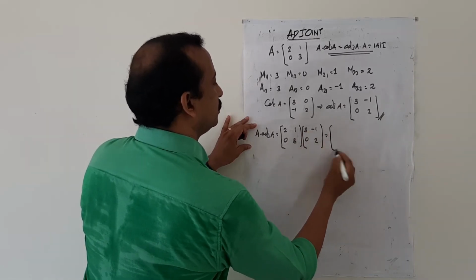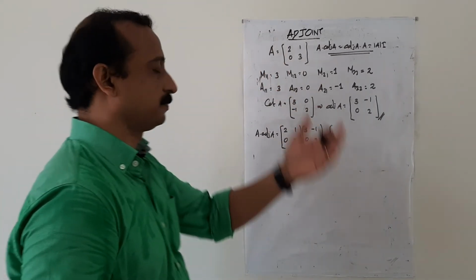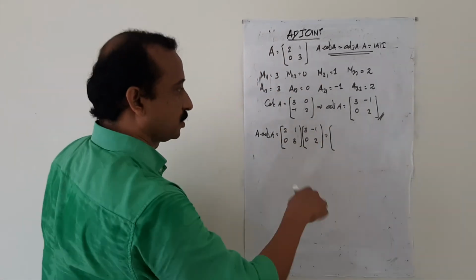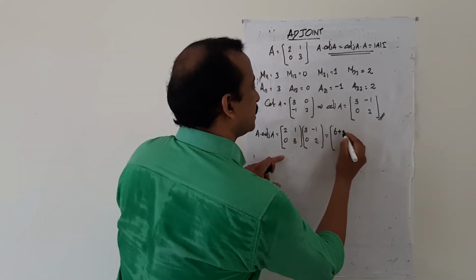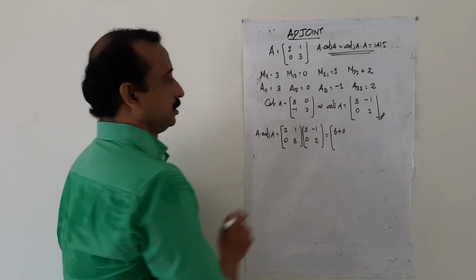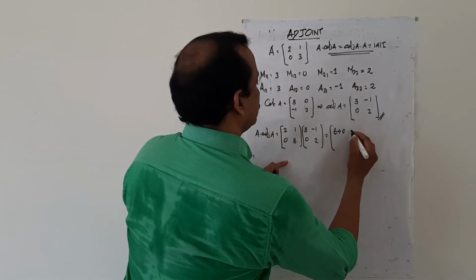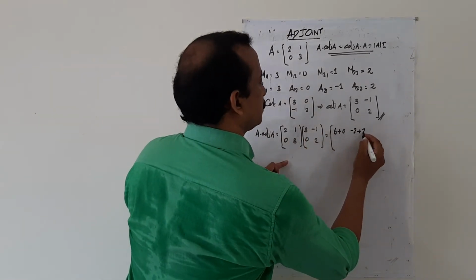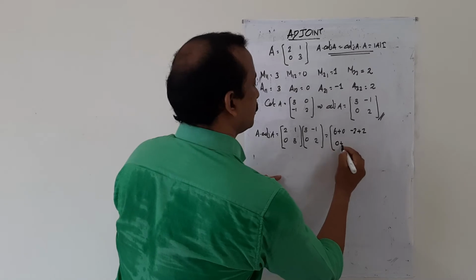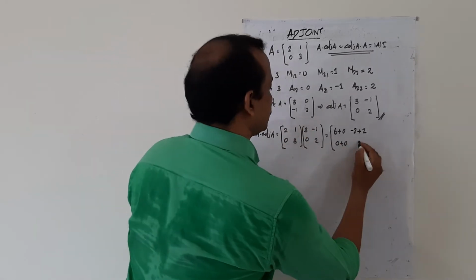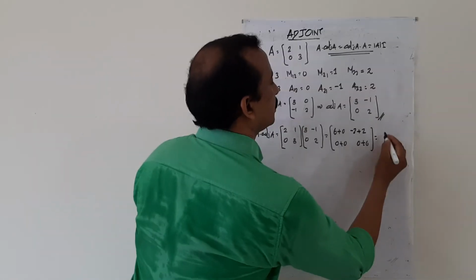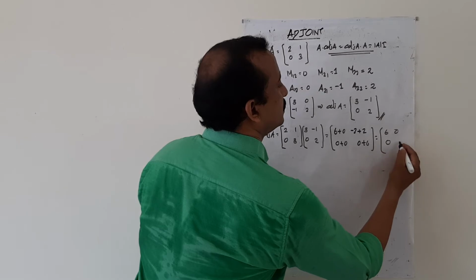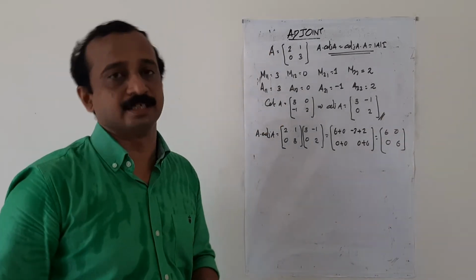You already know matrix multiplication. First row, first column: 2 into 3, 6, plus 1 into 0. First row, second column: minus 2 plus 2. Second row, first column: 0 plus 0. Second row, second column: 0 plus 6. And therefore we get the answer [6, 0; 0, 6]. That is A into adj A.